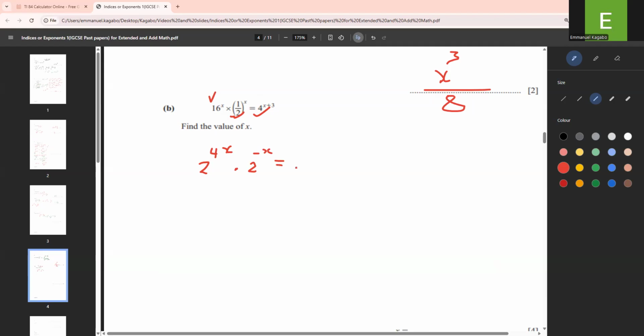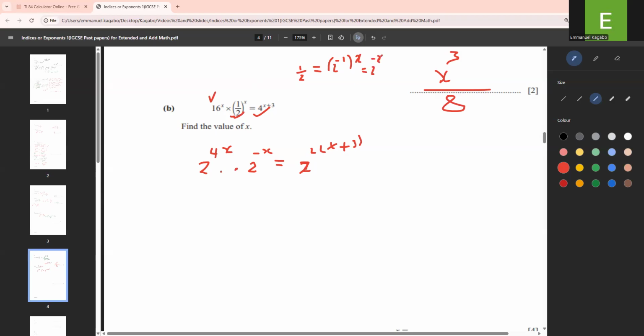I'm coming back to explain this step. This is 2 power 2 bracket x plus 3. Now, this is 2 here, guys. Now, this is the 1 over 2, which is same as 2 power negative 1. And then I have x here. So when you open the bracket, I'll get 2 power minus x.